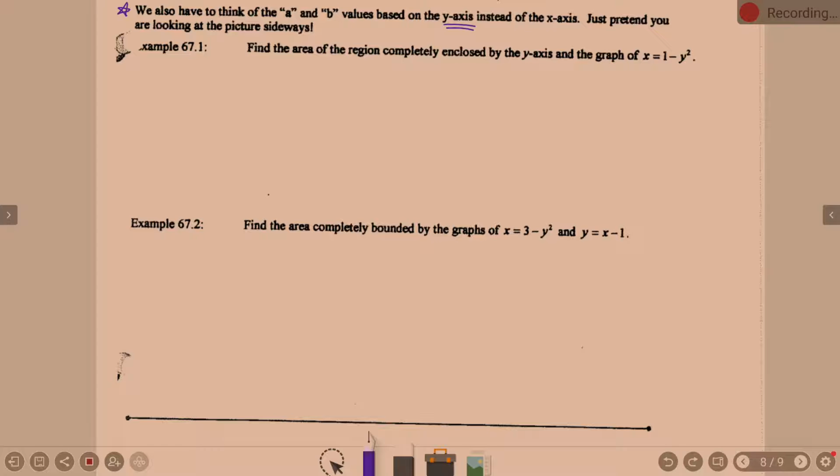Okay, shall we try example one? Find the area of the region completely enclosed by the y-axis and the graph of x equals 1 minus y squared. It is actually in terms of y. But here's the deal. We also have to graph this, because I have to know what's right, what's left. What's this graph look like? I'm going to have to know my a and b values.